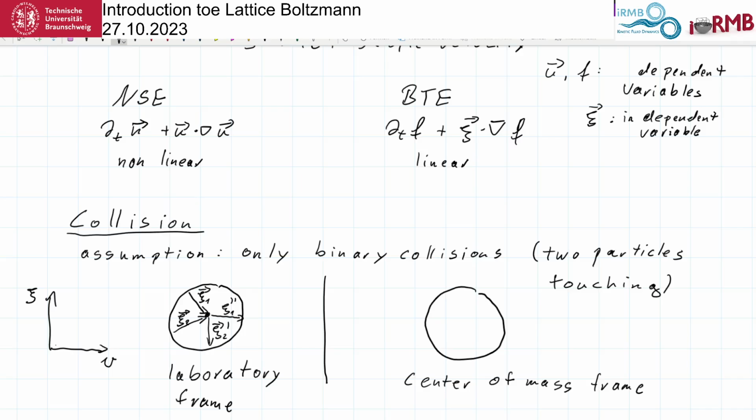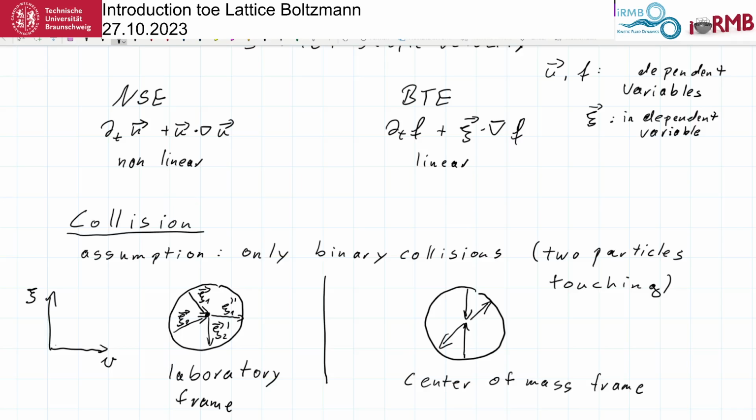When we are in the center of mass frame, so the average between the velocities of both particles, what will always happen is that particles then collide head-on, right? Because only their difference in velocity counts. So they will always collide head-on, and they will always go out, how should I say, tail off.